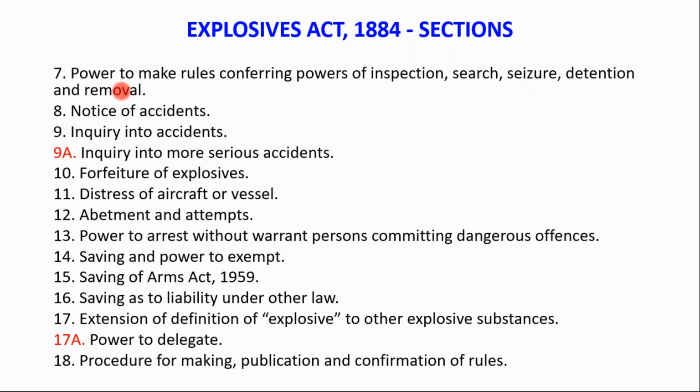So if someone or some organization gets the license and starts the manufacturing, storage or assembling of some of the parts, etc., then the central government has the powers to depute some persons for inspection.